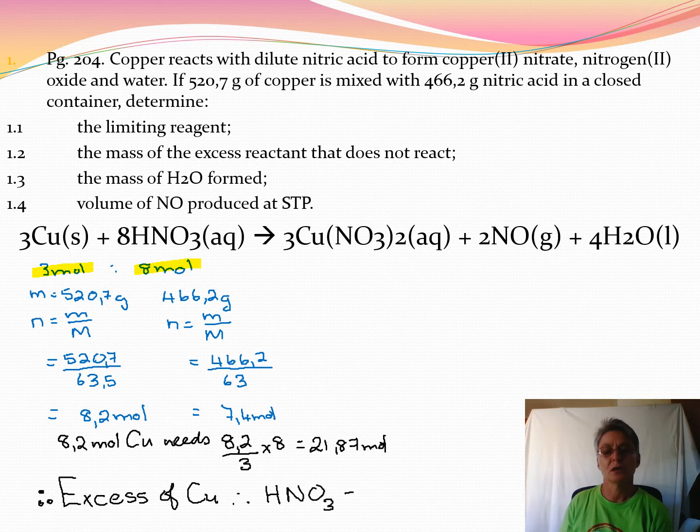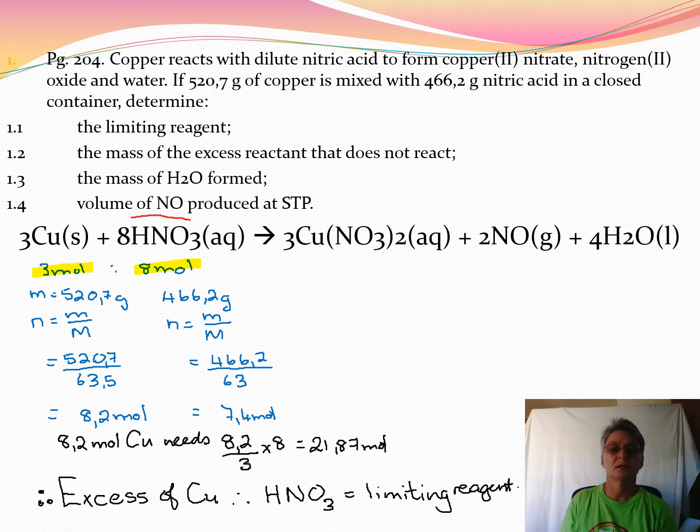HNO3 is the limiting reagent, and that will be used up during the reaction. So this is the limiting reagent. Now for the sake of space, I will have to delete some of these answers.